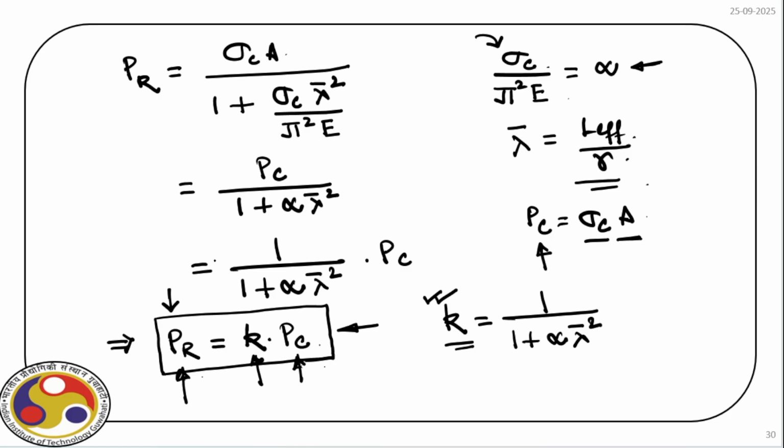This is very useful in the design, and as you progress in your undergraduate course, the design course will actually use this expression, and you're going to design the column accordingly. So you'll see that the code refers this expression, and it reduces the workload, because from the compressive strength of the column PC, we can directly find out the Rankine's critical load, right?